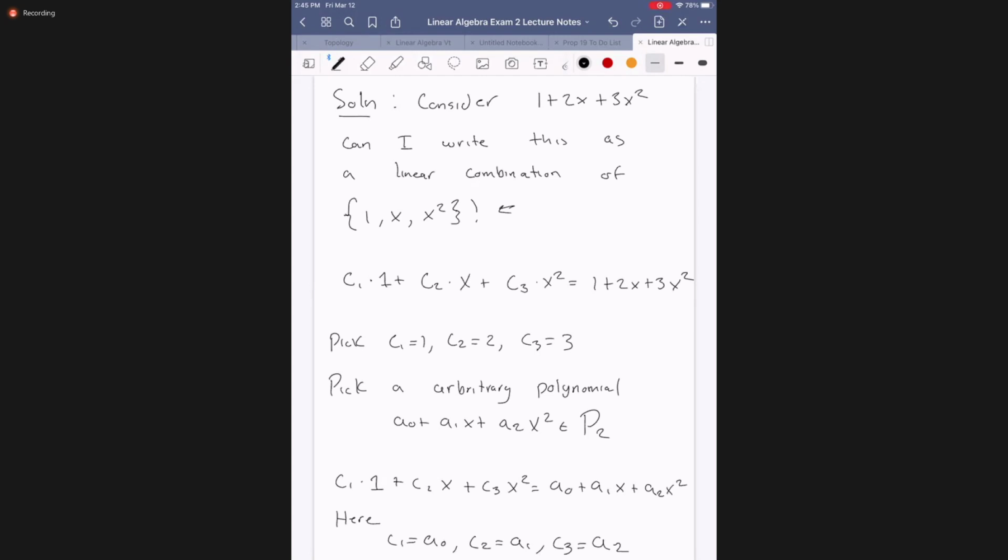Okay, so this is our first theorem, 4.4.1, Span.